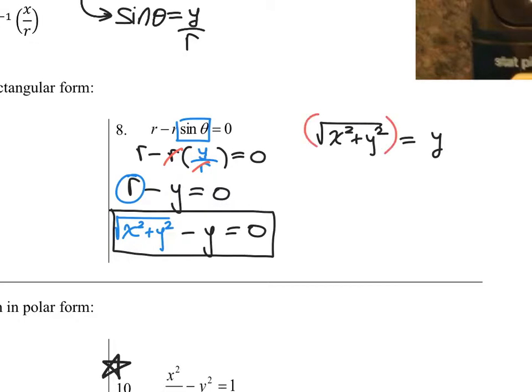Then raise both sides to the second power and get x squared plus y squared equals y squared. Simplify and get x squared equals 0. And then simplify further and you get x equals 0.